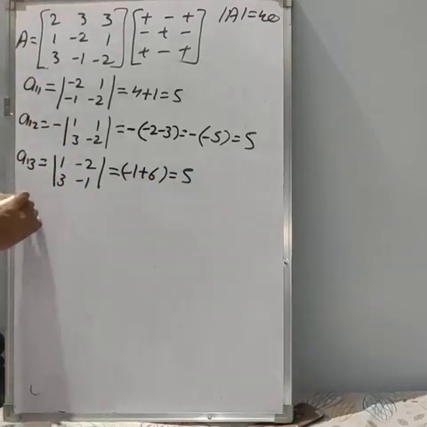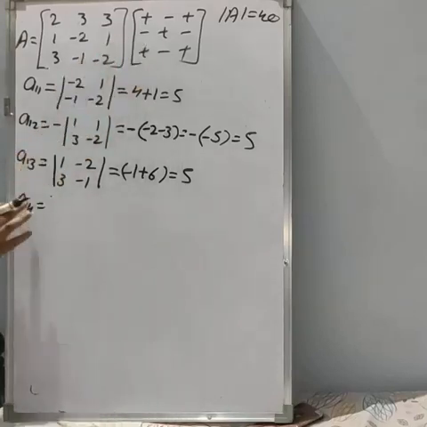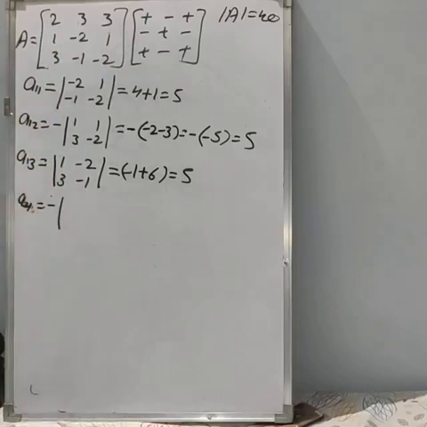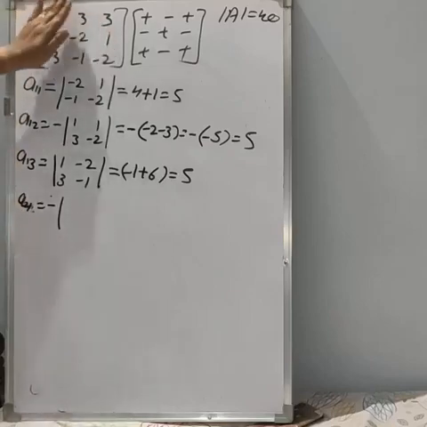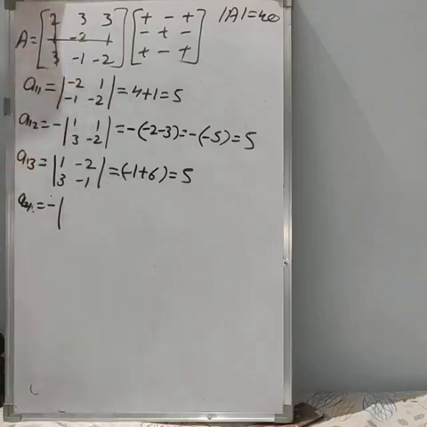Next we want A21, because now we have to come to the second row. For A21 we have a negative sign here, so first write down the negative sign. A21 means this element, second row, first column. If you neglect this second row and this first column, we remain with 3, 3, minus 1, minus 2.